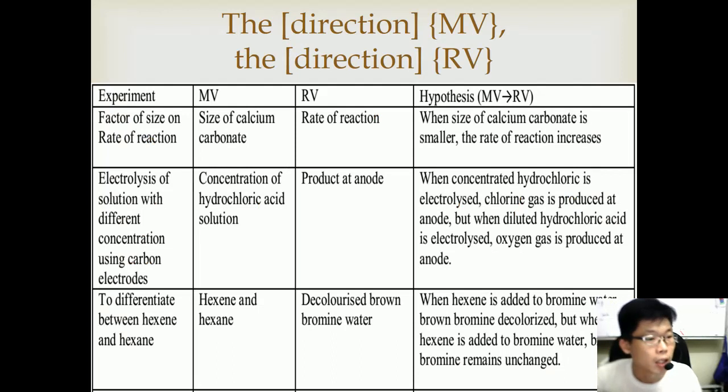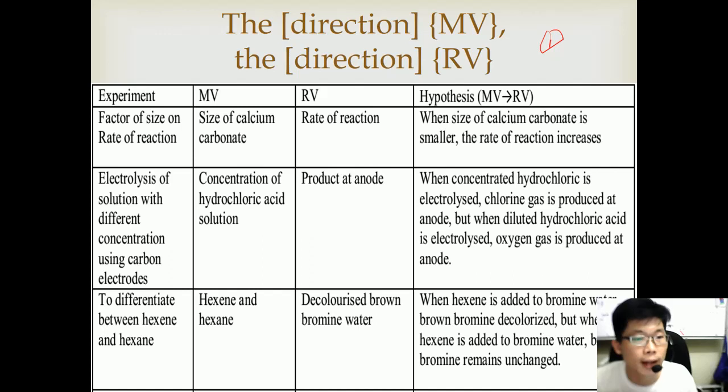Okay, let's say we look into the first example. This experiment is about the effect of size on the rate of reaction. So MV will be the size of the calcium carbonate, RV will be the rate of reaction. So we can use method number one: direction MV, direction RV.